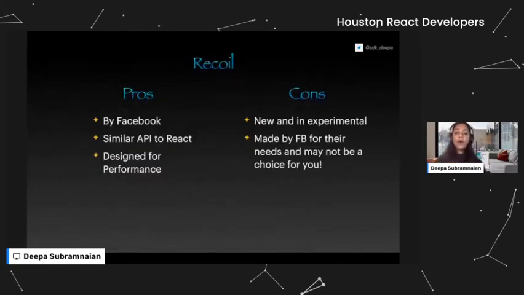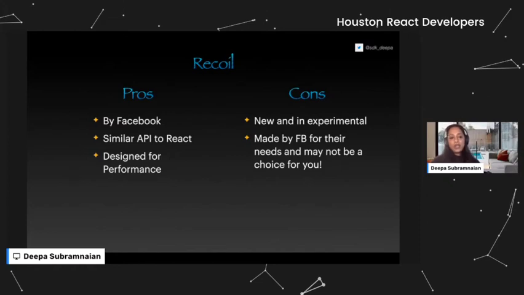So now, what are the pros and cons of Recoil? The pros are it's by Facebook. It's very similar to React. If you know React, and it's just a JavaScript backend, right? So you can easily use this, and it's also designed for performance.